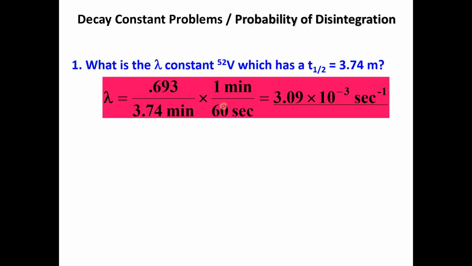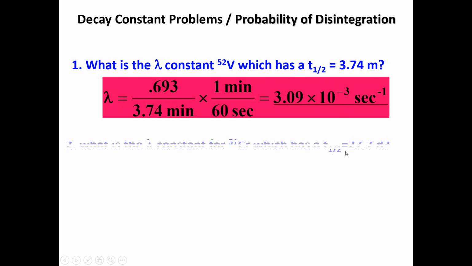Once done, you do the multiplication, and the answer is 3.09 times 10 raised to the power minus 3 per second. This is the value of the decay constant for vanadium 52.